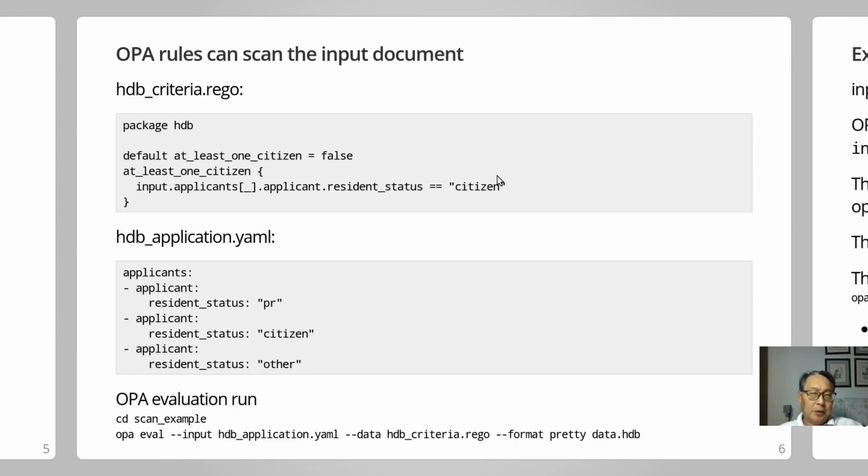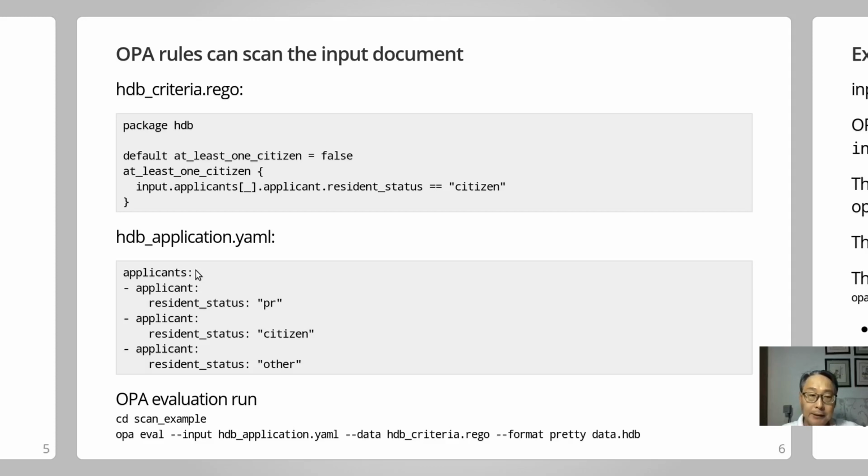Now, if that is all OPA's Rego language can do, it's not very useful. It can actually scan the incoming input document. So in this case, we have two files, HDB criteria and HDB application. This is the policy and this is the input. So let's look at the input.